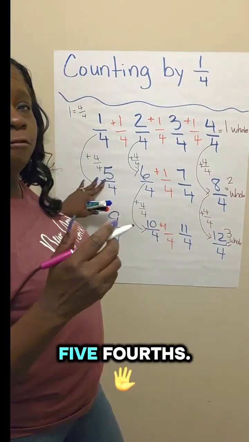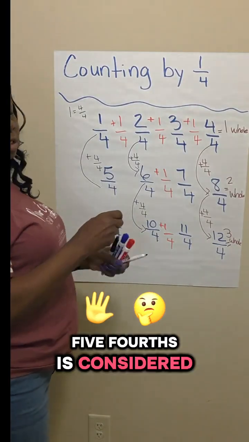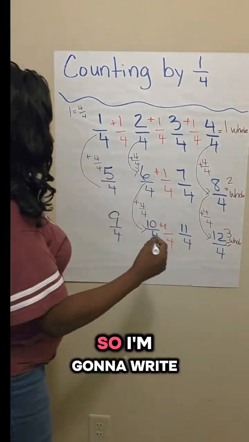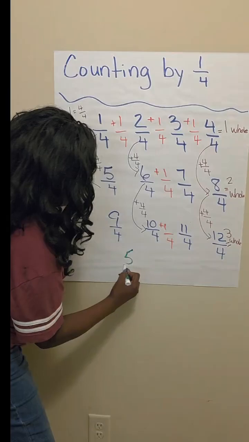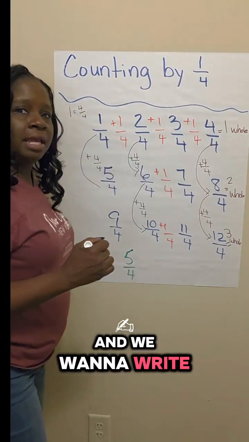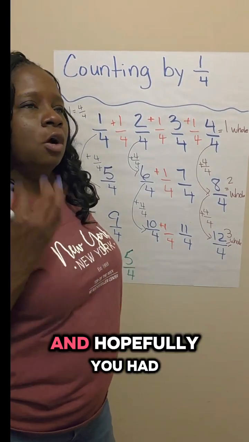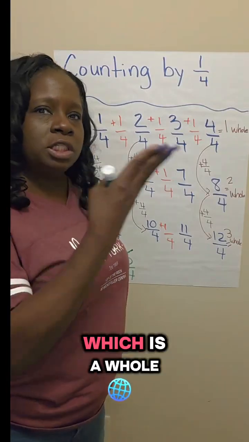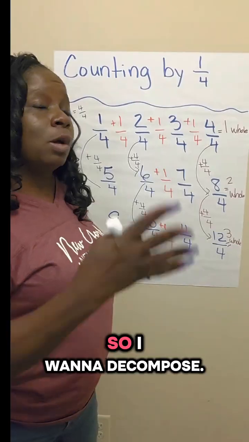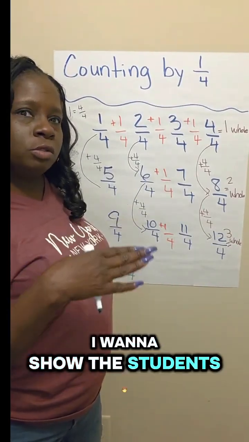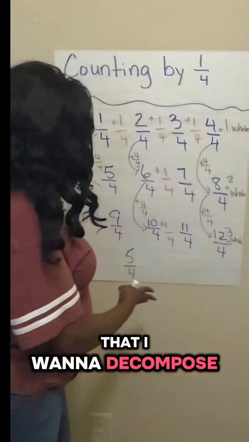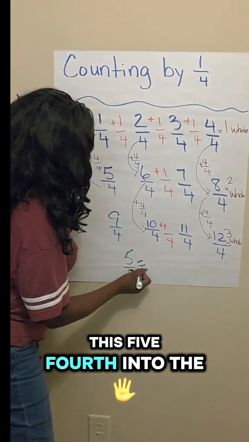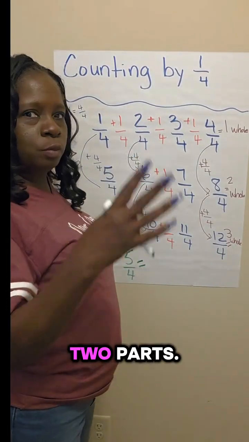So let's look at 5/4. 5/4 is considered a fraction greater than 1. So I'm going to write it here. And we want to write that as a mixed number. And hopefully you had a conversation about the definition of a mixed number, which is a whole number and a fraction. So I want to show the students that I want to decompose this 5/4 into 2 parts.